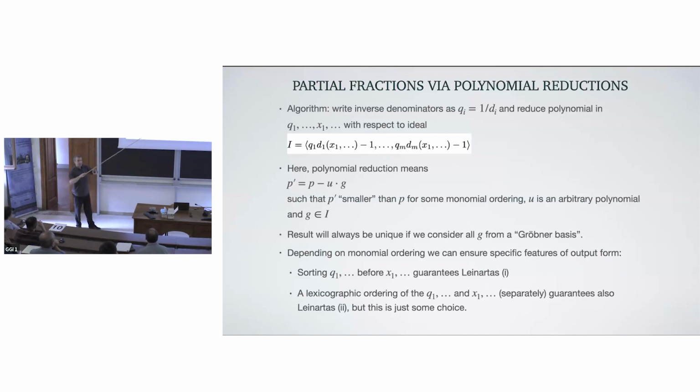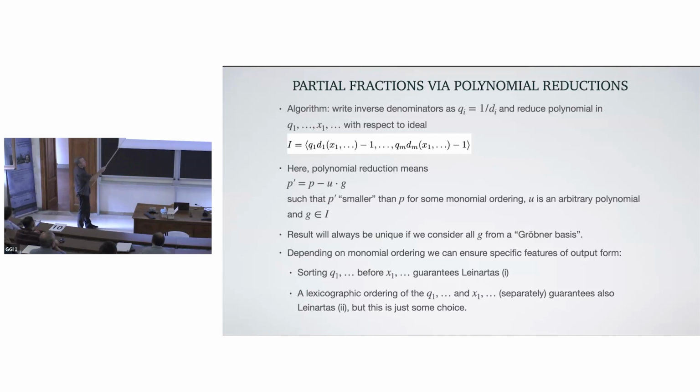And these relations are the relations you can use to simplify or manipulate your rational functions, right? So using these relations, you express your rational function as a linear combination of polynomials. And then you compute what is known as the Gröbner basis of the ideal generated by these relations. And then you can systematically reduce these polynomials in such a way that you end up with a unique result.